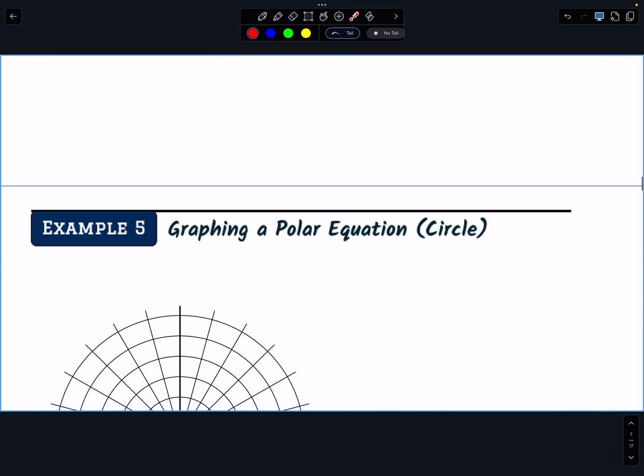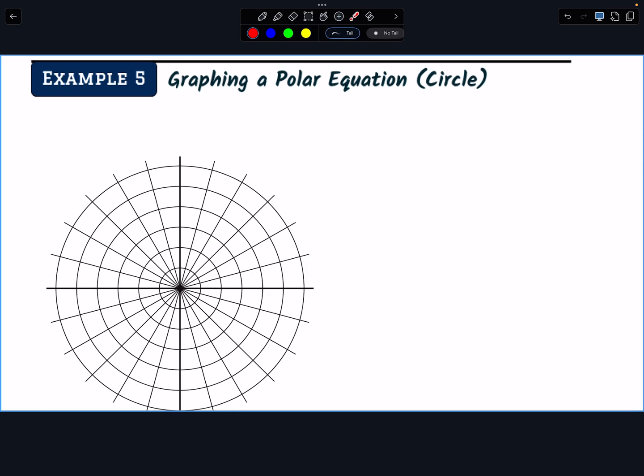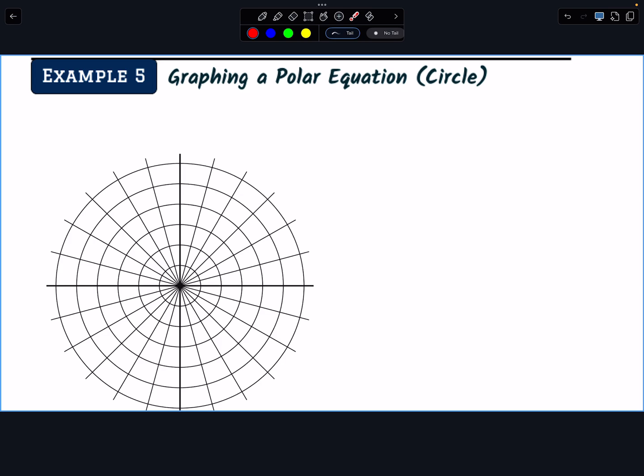So now, let's look at ones that are a little bit more complicated. I want us to graph this one.